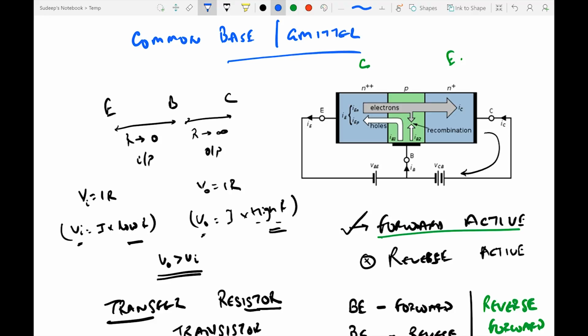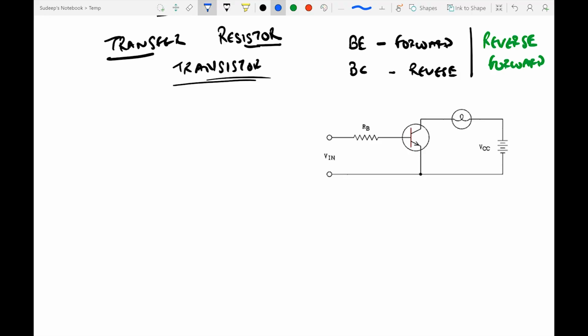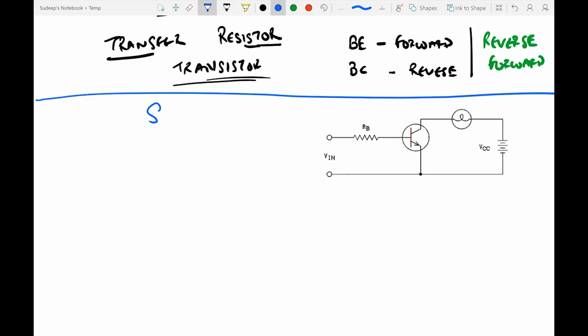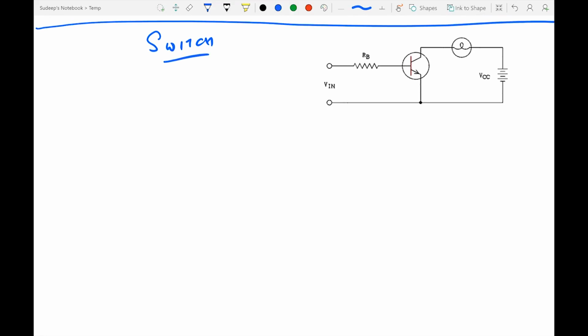Okay, so coming on to the next part of the transistor, which is to use it as a switch. To use it as a switch, we can use the transistor in one of two modes. One of them is saturation mode, and the other is called cutoff.